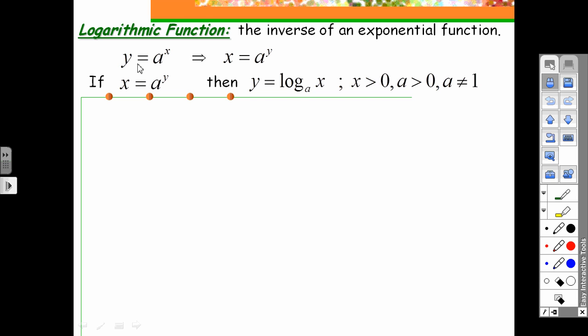Okay, so these two come from how we originally restricted our exponential function. So let's go back to how do we remember what goes where? Well, first of all, when you have an exponential, this number a is your base. Well, it happens to also be the base of your log. So that's kind of an easy thing to remember. The base is always the base.